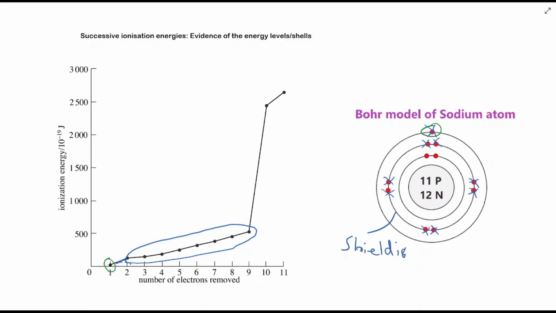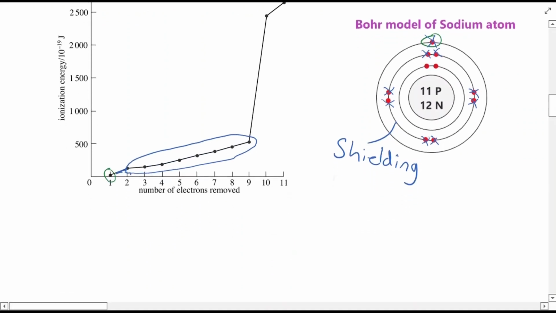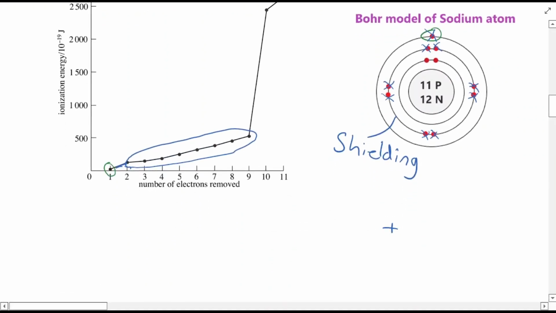Now, shielding happens due to the nature of the attractive forces between the nucleus and the electron. So in my nucleus I have a positive charge, my electron is here, and there are attractive forces because opposite charges attract.